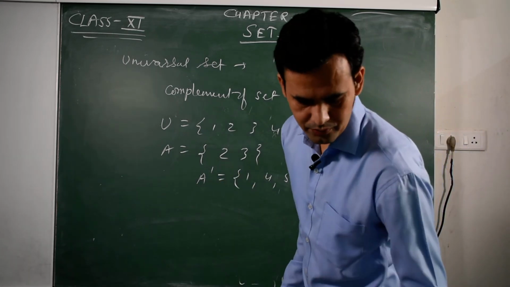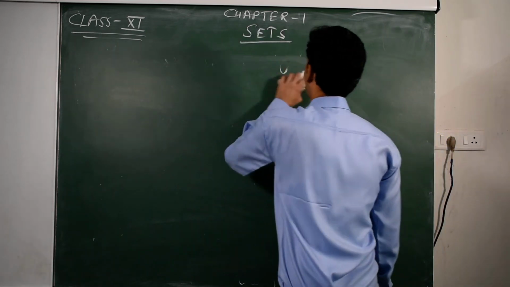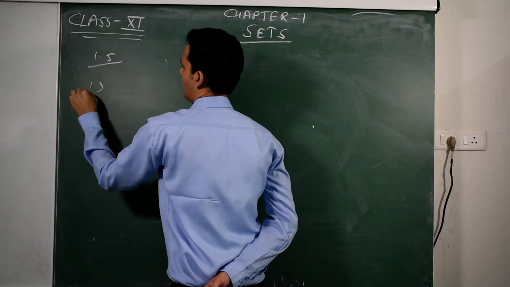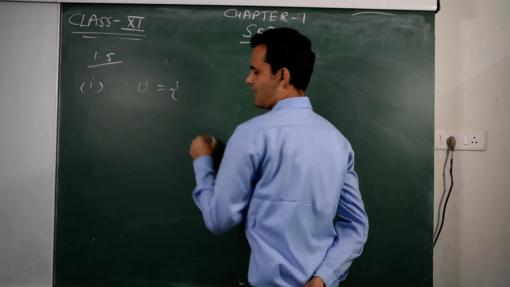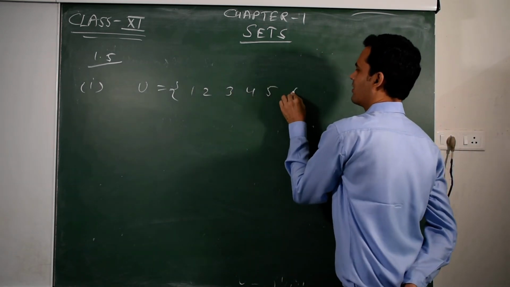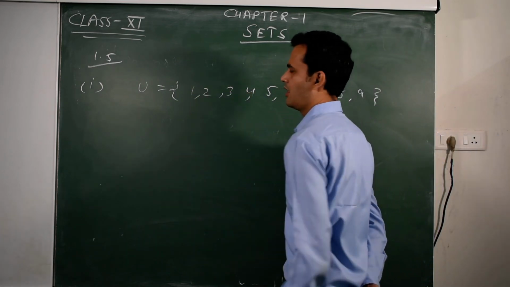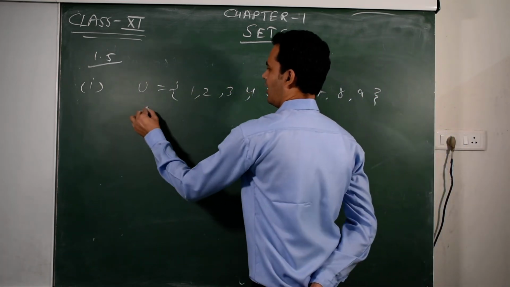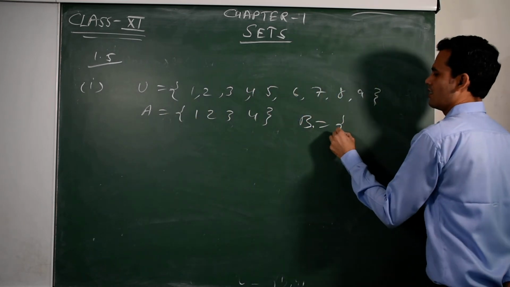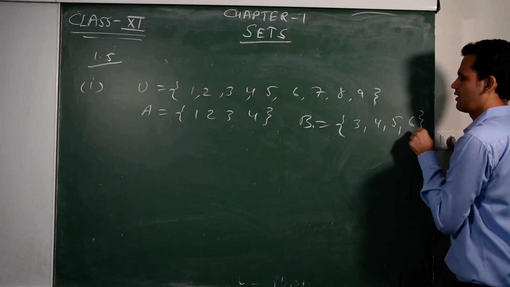Okay, now exercise 1.5, question number 1. U is the universal set. Elements are 1, 2, 3, 4, 5, 6, 7, 8, 9. These are the elements of set U. A is the set 1, 2, 3, 4 and B is the set of elements 3, 4, 5 and 6. Okay.